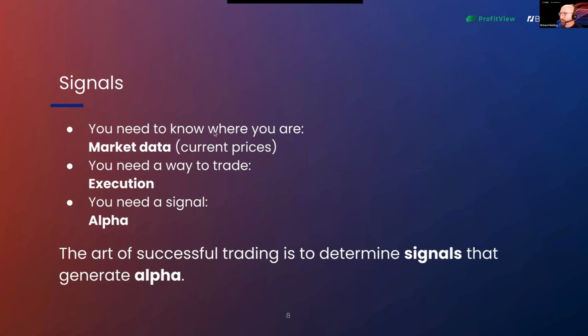The main thing really is you need a signal that you design yourself, which gives you alpha. Alpha is the excess return your algorithm can generate beyond the risk-related return of the market you're in. So that's what you want to do. You want to think very carefully about it and come up with something that you believe is going to beat the market.